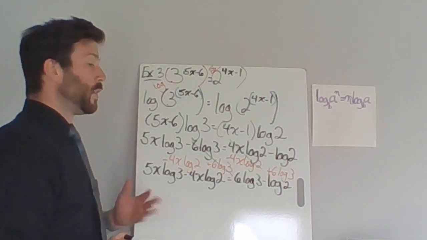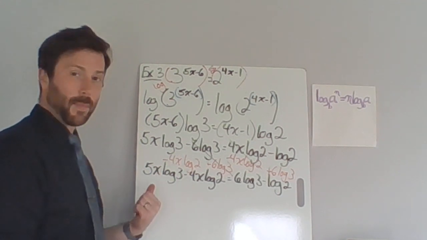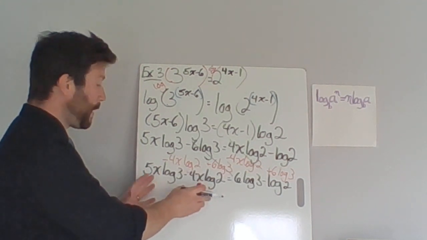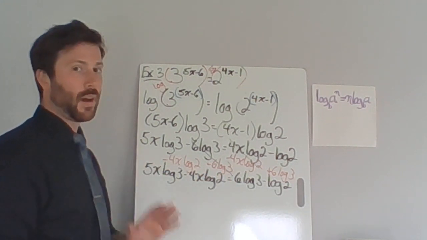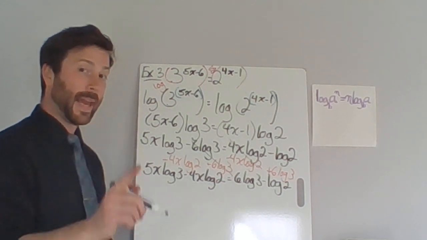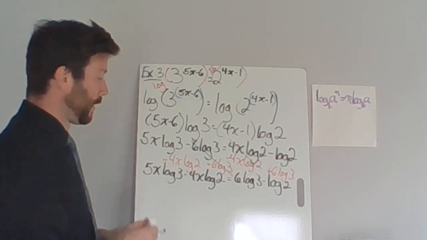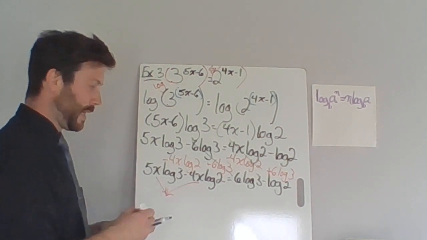Okay? So now, next thing that I want to do, I need to get this x separated. I know that these look like they might be like terms. They both have x's and they both have logs, but they're absolutely not like terms. I can't just combine those two. But what I can do is bring out a factor of x. Okay? Both of these are multiplied by x.